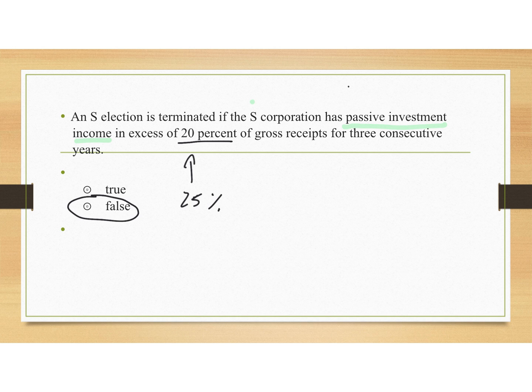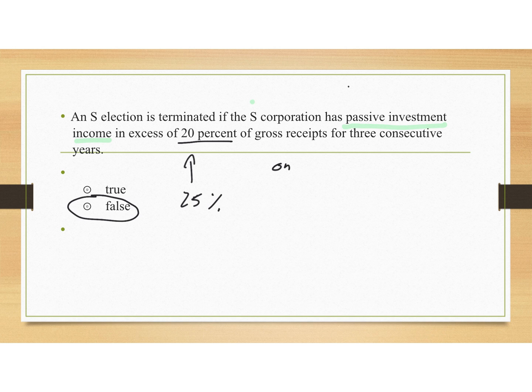So remember that the excess net passive income tax applies only to S corporations that have previously been C corporations, okay? And they have to have accumulated earnings and profits from a prior C corporation year.